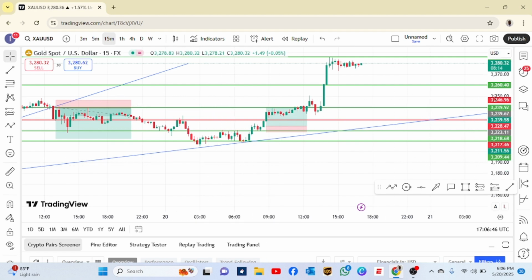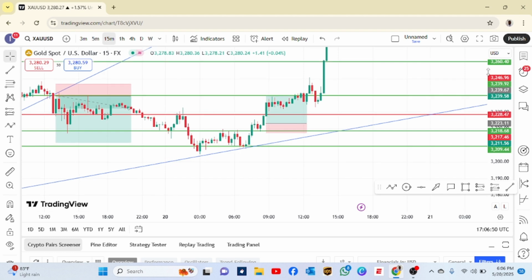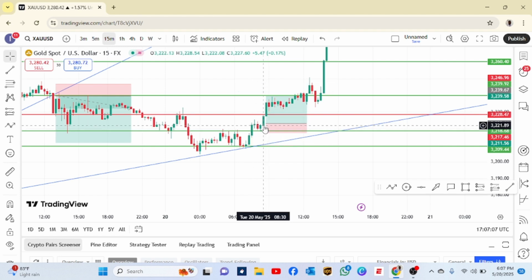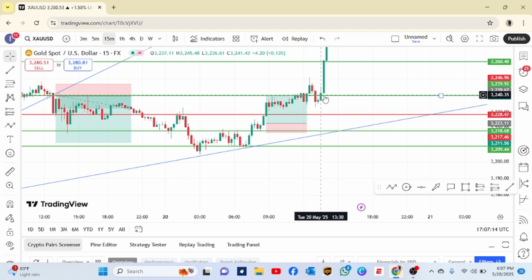The market broke this minor resistance, and then you see a little pullback to this area, and then this candle closes as a bullish candle, and then I enter my trade right on this candle, and this is a beautiful trade. See, beautiful trade played out well.